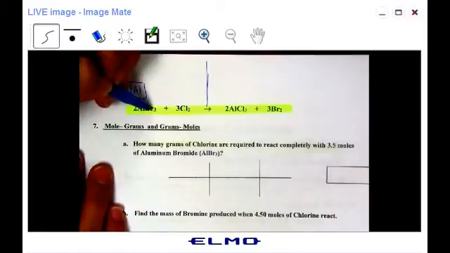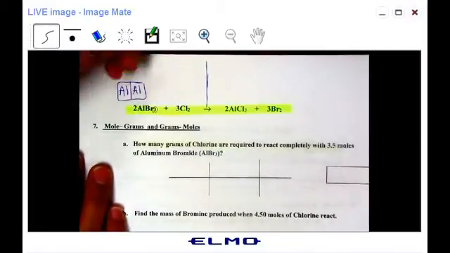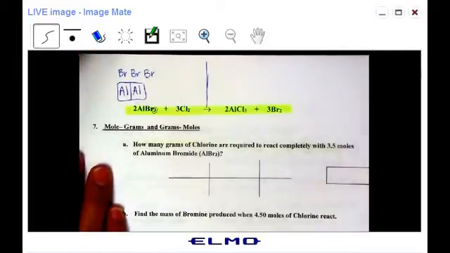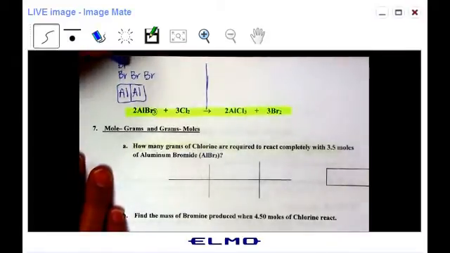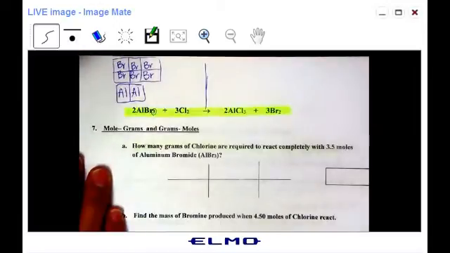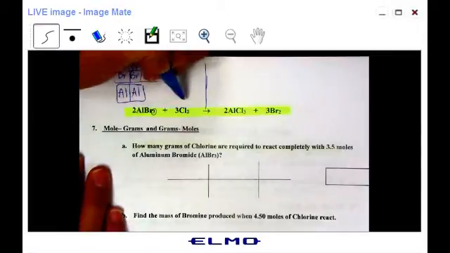I have 6 Brs because this 2 gets multiplied by the subscript for Br. Okay, how many Cls do I have? You have 6 Cls because it gets multiplied by the subscript.